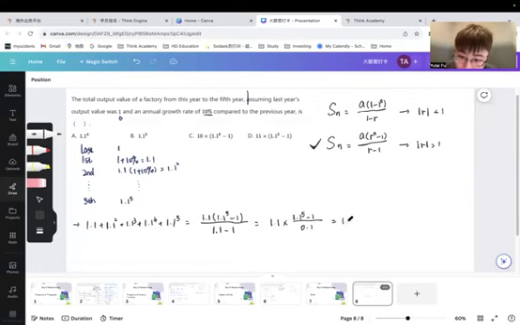So we have 1.1 times 10 times, in parentheses, 1.1 to the power of 5 minus 1. 1.1 times 10 is 11. So 11 times 1.1 to the power of 5 minus 1. So the answer is D. That's our final answer. Did you get it? Okay, see you tomorrow.